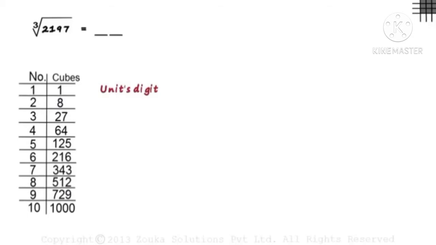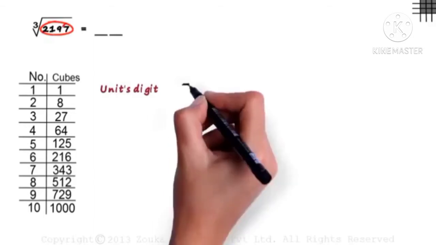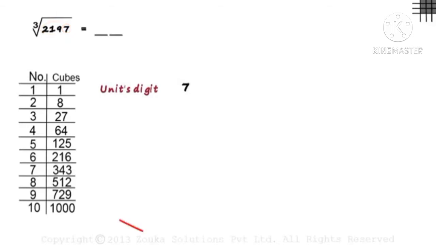Okay, now we are all set to go. The first step of our method is to look at the unit digit of the number. The unit digit of 2197 is 7. So, we look at our table. In the cubes column, we look for a number which has its unit digit as 7.